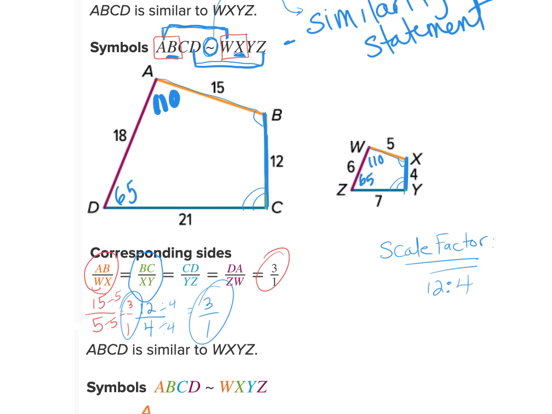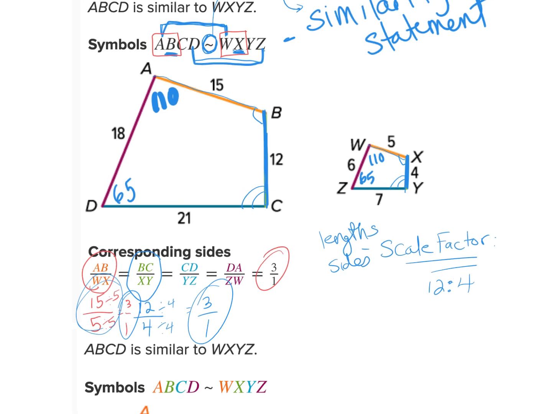And then I can get the scale factor by writing the lengths of the sides. The comparison of the lengths of the sides, either as a fraction or as a ratio, tells me what the scale factor is.